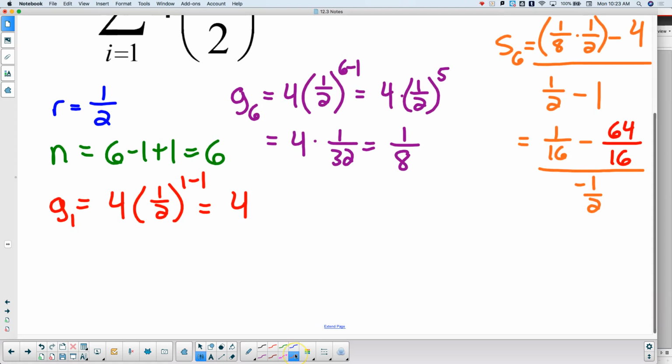1/16 minus 64/16. No. That'd be 64/16 minus 1/16. Negative 63/16. Big difference.